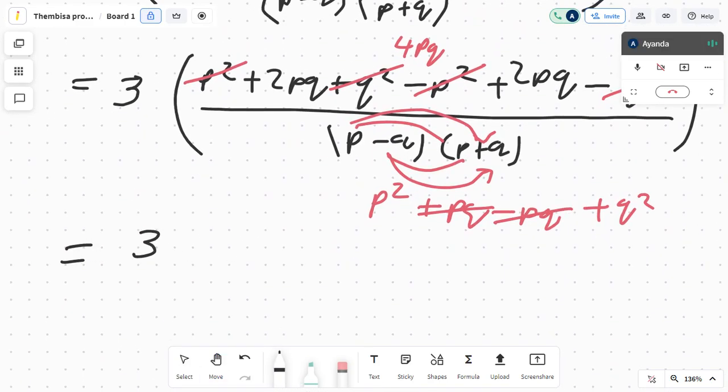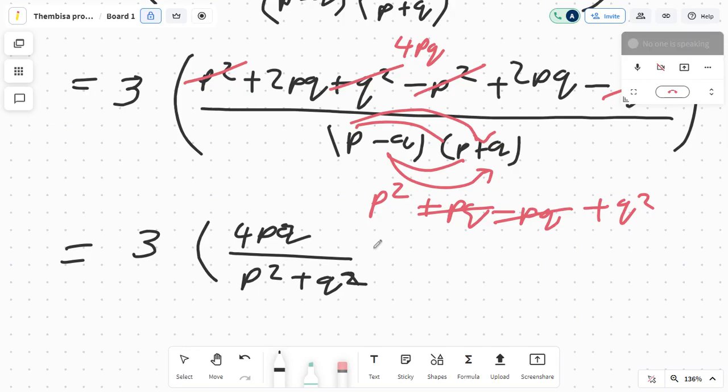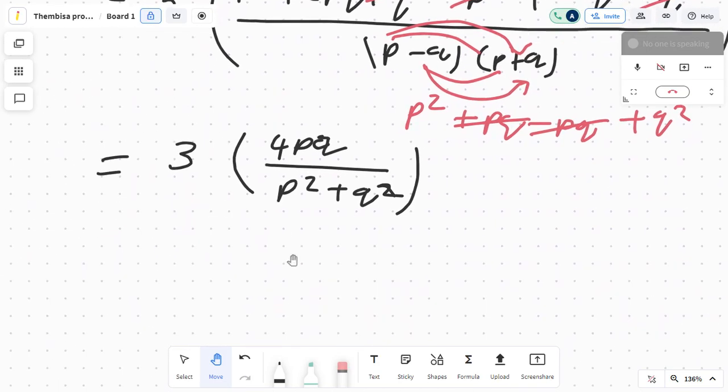That's going to be 3 times 4pq over p² − q². This is supposed to be minus q² because it's minus q times q. So that gives us minus q².